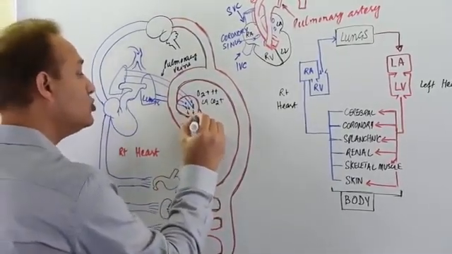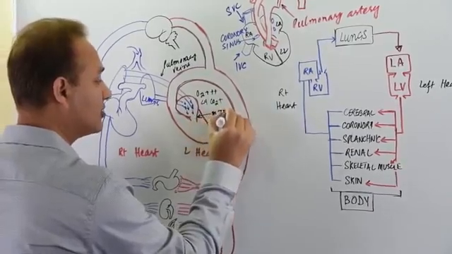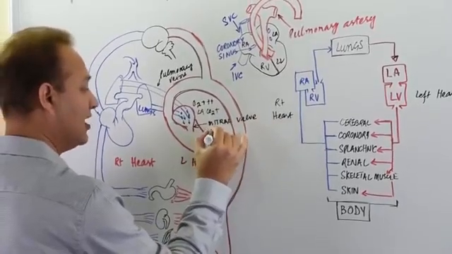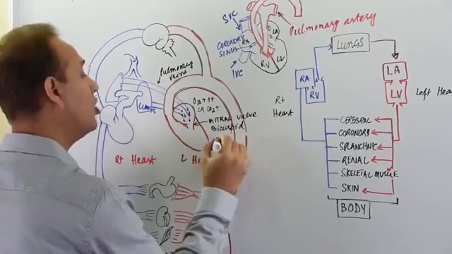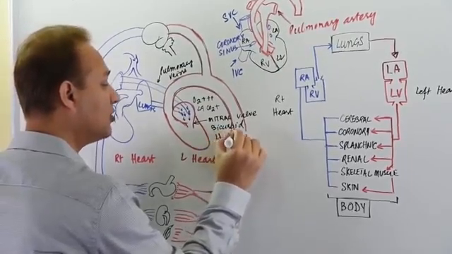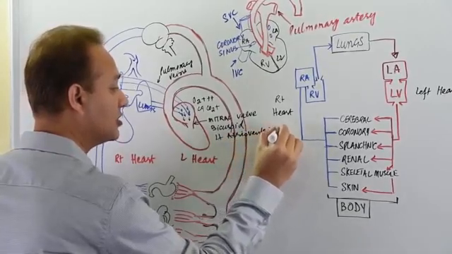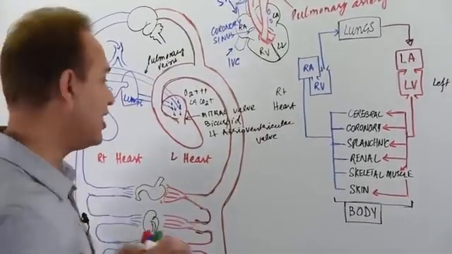This blood goes through the mitral valve. The same valve is also called the bicuspid valve, or it is also called the left atrioventricular valve. Same name, 3 names for one valve.